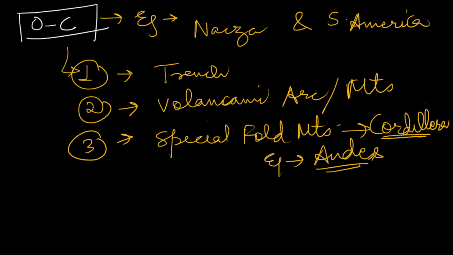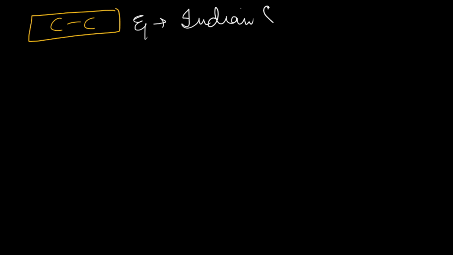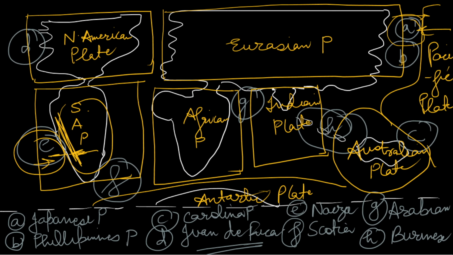So this was about ocean-continent convergence. Now next we have continent-continent convergence. The best example is the Indian and Eurasian plate. So this is here Indian plate. You can see them. It is continent only. This is the Eurasian plate.